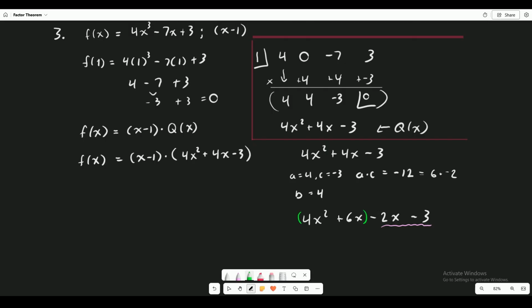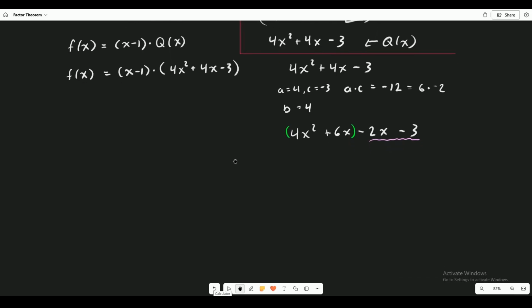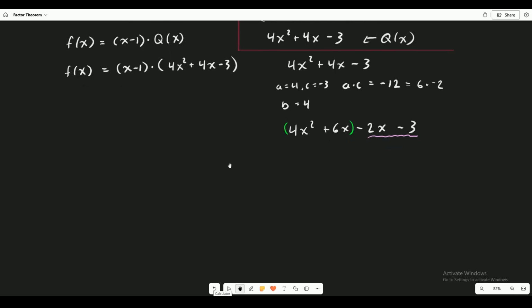All right, let's keep going. I'm gonna move it down. I'm working this right now, okay? All right. Four x squared plus 6x minus, right?